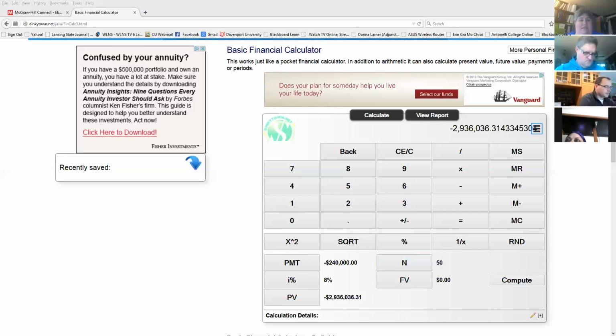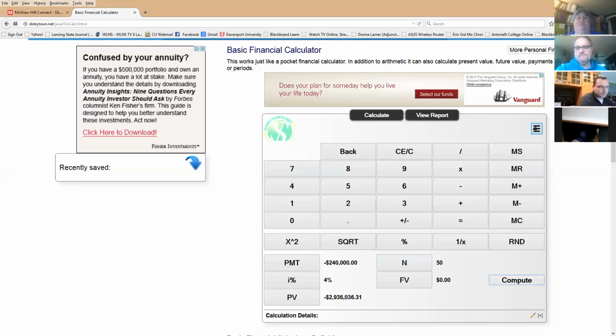And then doing it at 4%. So all I have to do in this story problem is just do a 4 interest rate. It'll replace the 8 and compute present value. Notice the differences? That's all we do.